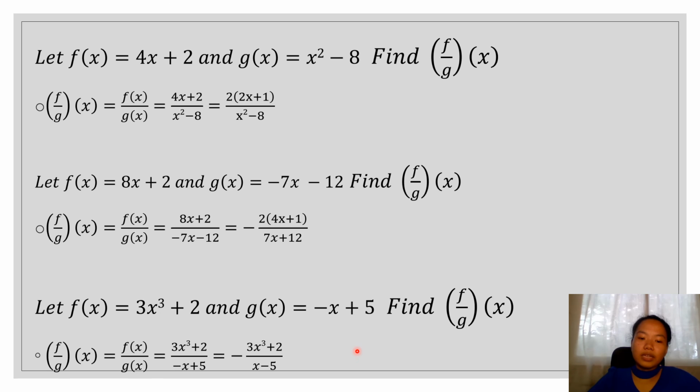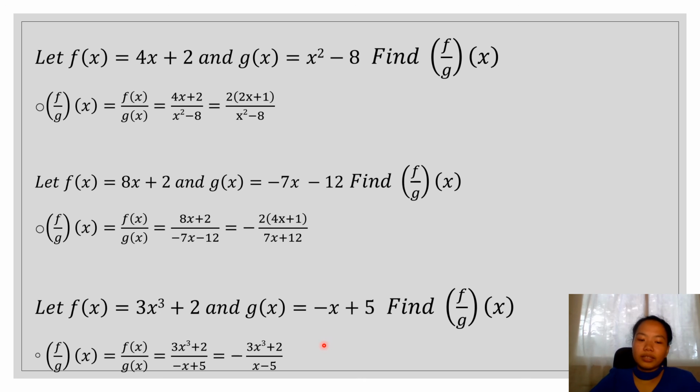So the factor is negative. The numerator has no factor, so still it is 3x cubed plus 2, and the denominator is x minus 5.